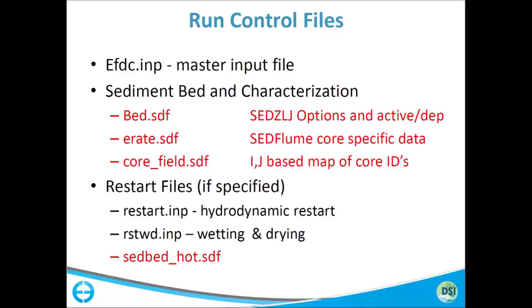So let's look at some of the control files. The files in red are the ones that are unique or specific to the SEDZLJ model. So we have bed.sdf, and this file contains your global options for SEDZLJ, and also defines your critical shear stress and the properties of your active layer and your deposition layer.